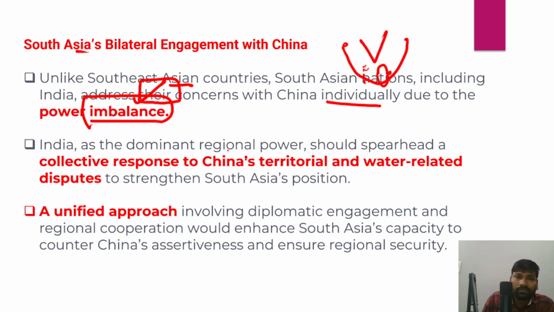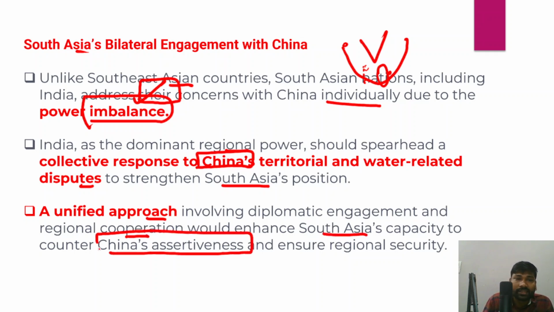And we all know that India is the dominant regional power in South Asia, and it should spearhead and lead the collective response to China's territorial and water-related disputes to strengthen South Asia's position. In fact, a unified approach is required. This unified approach should involve diplomatic engagement and regional cooperation, and that would further enhance South Asia's capacity to counter Chinese assertiveness and ensure regional security.